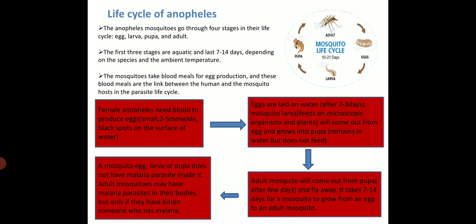It takes 7 to 14 days for the mosquito to grow from egg to an adult mosquito. A mosquito egg, larva or pupa does not have the malarial parasite inside it. The adult mosquitoes have the malarial parasite in their bodies only if they have bitten someone who has malaria.